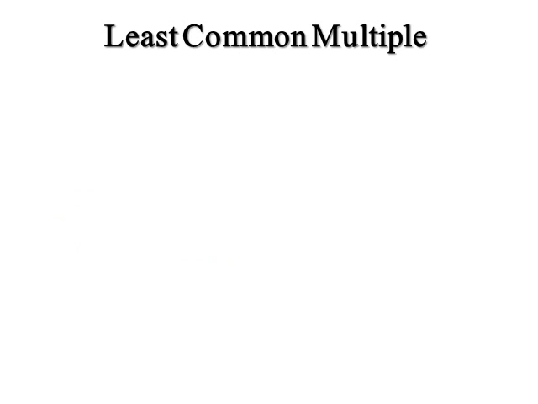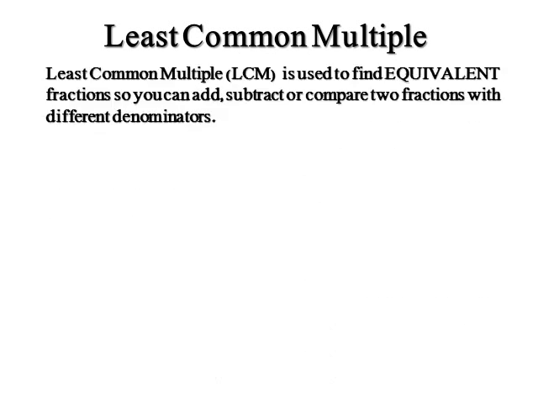Okay, so let's go to our next topic, which is called least common multiple. So what is least common multiple? If you remember from our previous class, a common multiple is a number that you can divide by two or more numbers. Like say for example, 12 is a multiple of both 3 and 4.